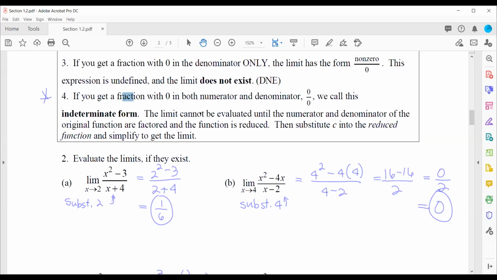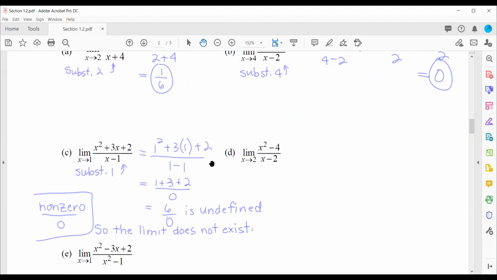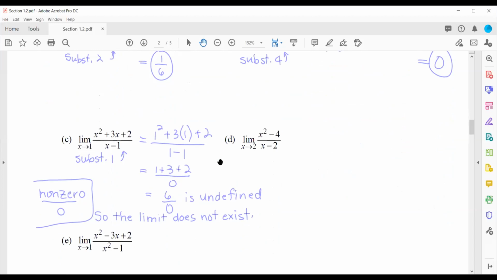All right, different concept. So when this happens, and you'll know it happens because you'll get 0 over 0. So if we just go ahead and substitute like we had before, we get 0 divided by 0. All right, that doesn't mean undefined.